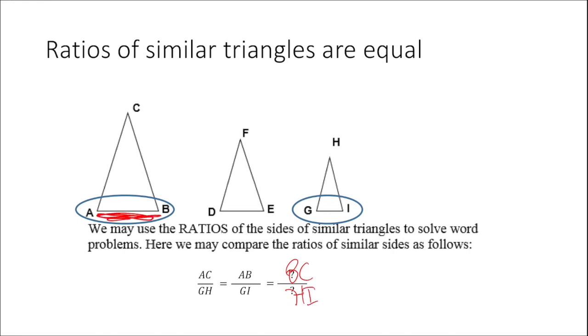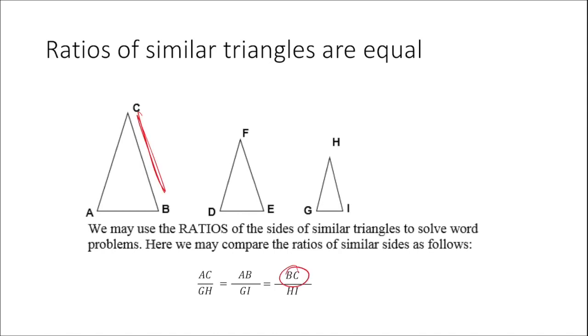AC to GH, big to small, is the same thing as big to small, GI. That's going to be the same ratio as big divided by small.